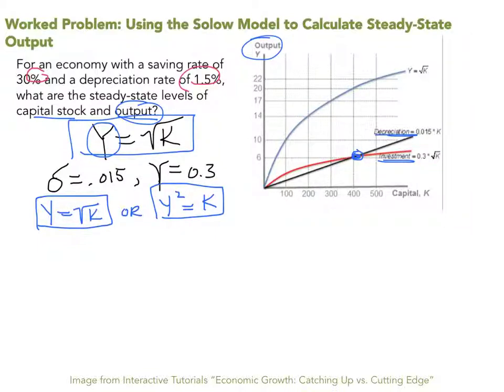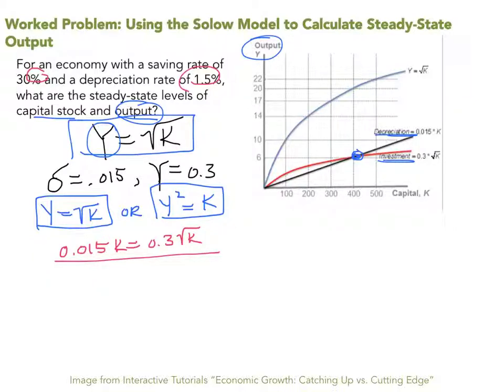So depreciation, 0.015k, is equal to investment, right where they cross each other, at 0.3 square root of k. The levels of k and the resulting level of y where this is true will give us the steady state equilibrium.